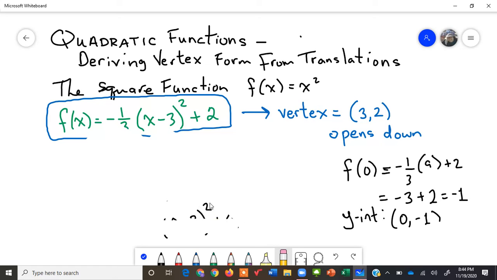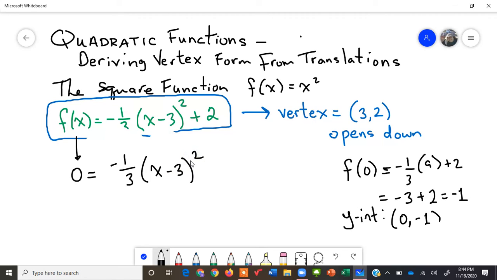So let's find those x-intercepts by setting our function equal to 0. So our function f of x equals 0. And that is negative 1/3 times the quantity x minus 3 squared plus 2.